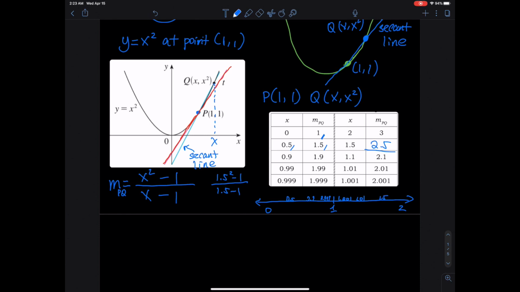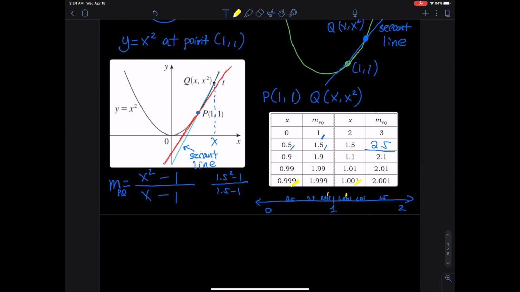So let's change colors for this. The 0.99 and 1.001 are numbers that are right next to 1. So we have a number on the left side of 1, we have a number on the right side of 1. I want you to make an observation. What happens when x approaches 1 from the left side of 1 and from the right side of 1?